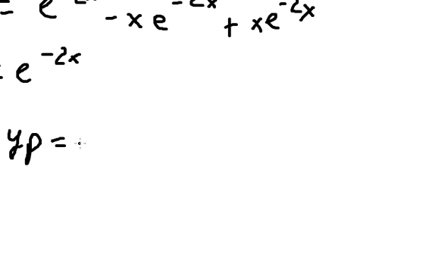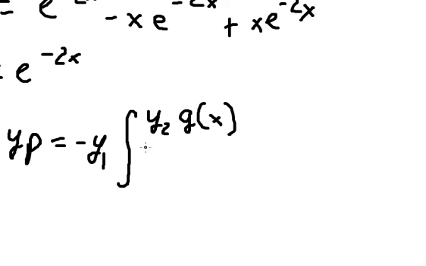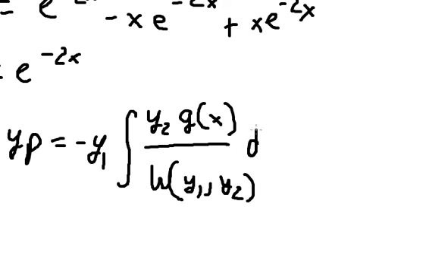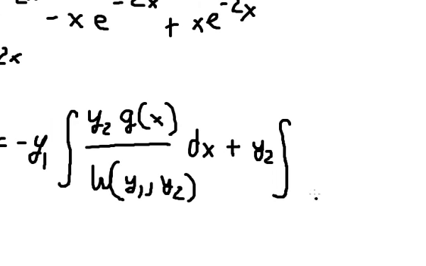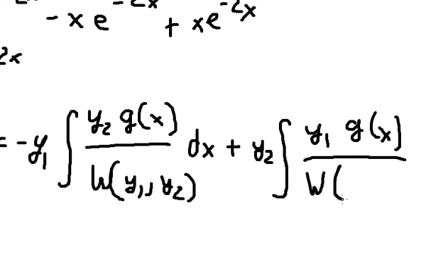That should be negative y number 1, and we have the integration of y number 2 gs over the Wronskian between y number 1 and y number 2. And then we have y number 2, and we have the integration of y number 1 gs over the Wronskian of y number 1 and y number 2.